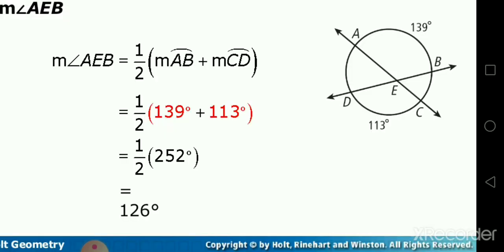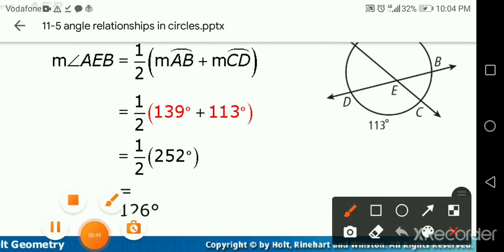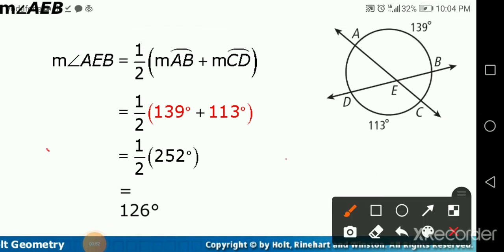Okay, so if he gives me a problem like this, he asks you to find the measure of angle AEB. So what do you think AEB equals? We said if two secants or two chords intersect each other inside the circle, then angle 1 will be equal to half of the sum of the two arcs formed, arc AB plus arc DC.